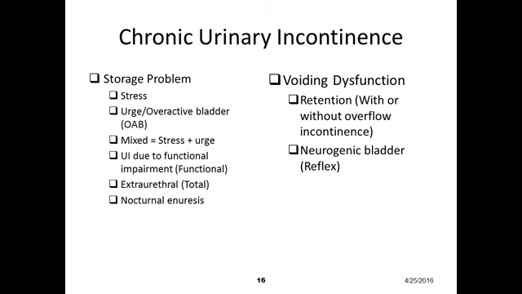Now we will move our discussion to chronic urinary incontinence, or incontinence that is lasting. There are two overriding categories: storage problems and voiding dysfunction.